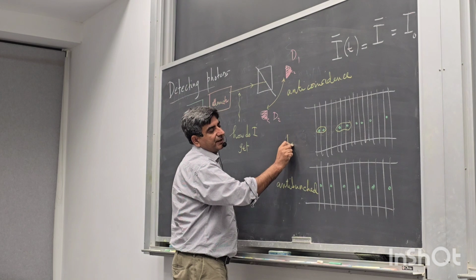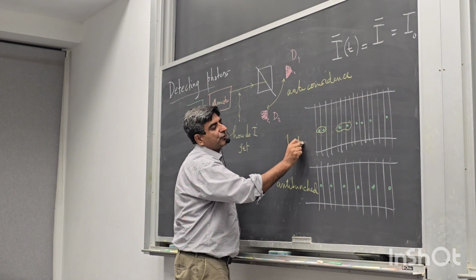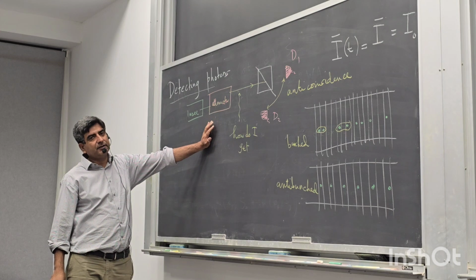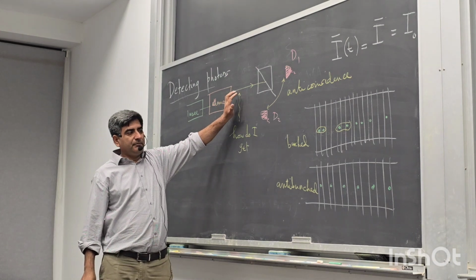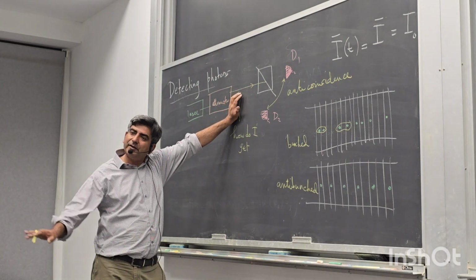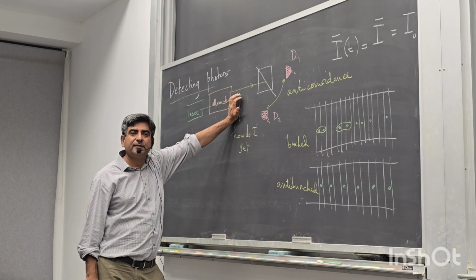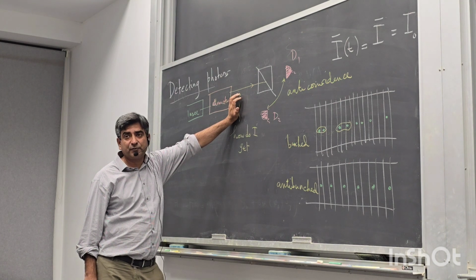And this is bunched light. Chaotic light is also bunched. So even though we can attenuate a coherent beam, the beam at this point still remains coherent. It has very small average photon count number.